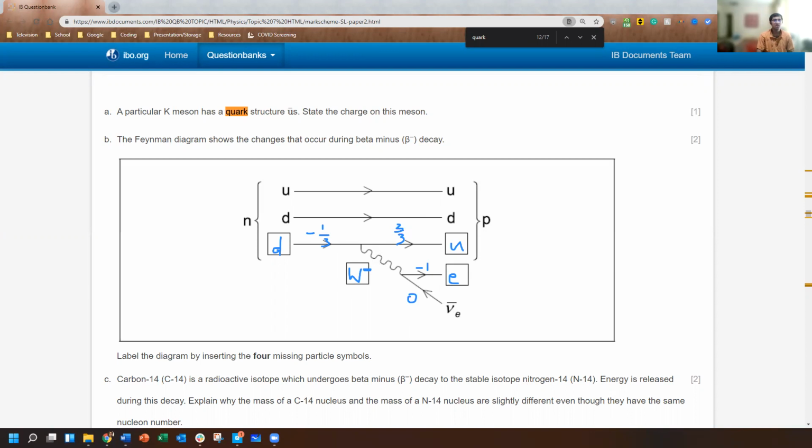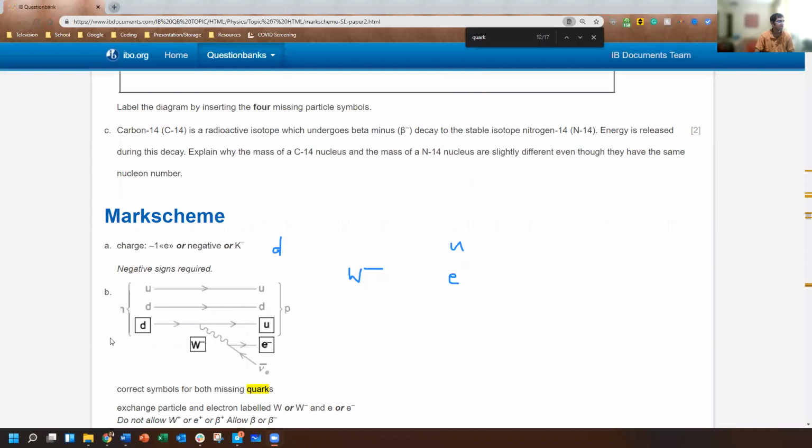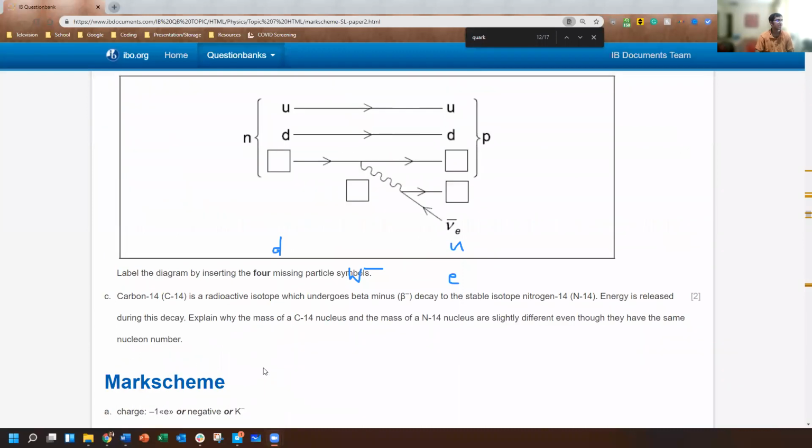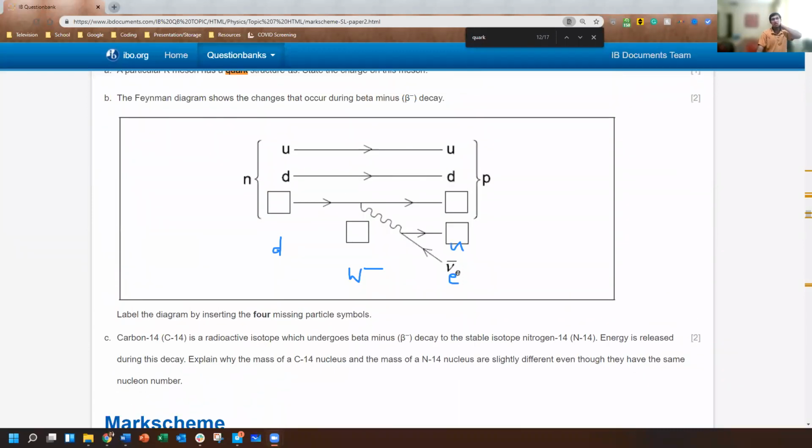W minus. Okay, so I believe it's down, up, weak minus, and electron. Down, up, weak minus, electron. Good. Okay. Now, carbon-14 is a radioactive isotope that undergoes beta decay and releases energy.